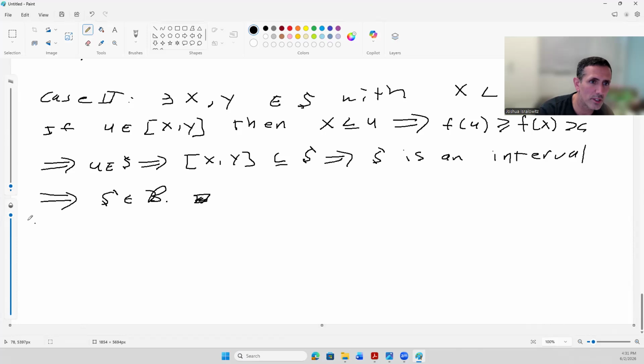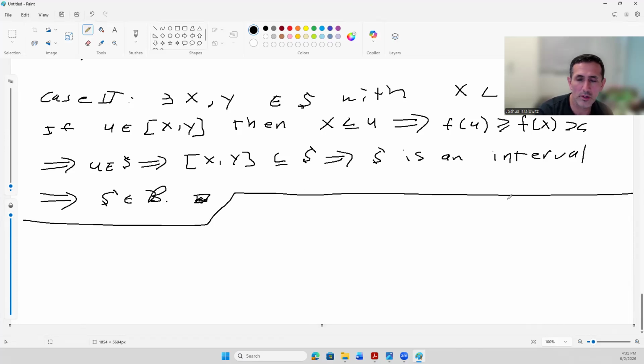Next thing is the following. This might appear in a future prelim just because it's literally the same proof as it is for Lebesgue measure. So it's just making sure you understand that it's basically the same thing.